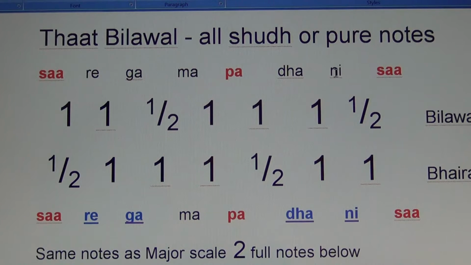Same with ni. We have 5 and a half. Here we have a total of 5. So ni is komal or flattened. And if we count from sa to sa, we would see that we have 6 full notes, which means that sa is not changed, which is what we expect. So this is Rag Bhairavi, and let's take a look at that on the harmonium now.